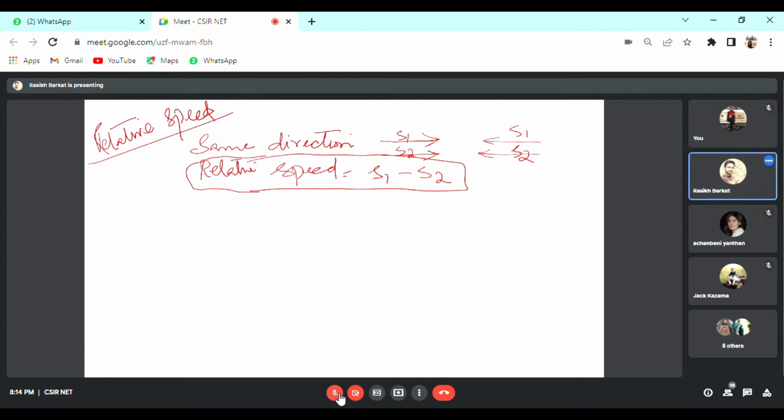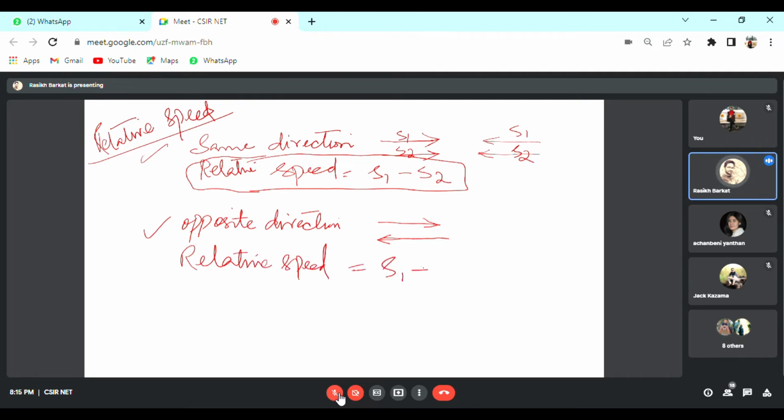Got it? Now, if the two trains are moving in the opposite direction, for example, one train is moving in this direction, another train is moving in this direction, at that time the relative speed will be S1 plus S2, if this is S1 and this is S2.